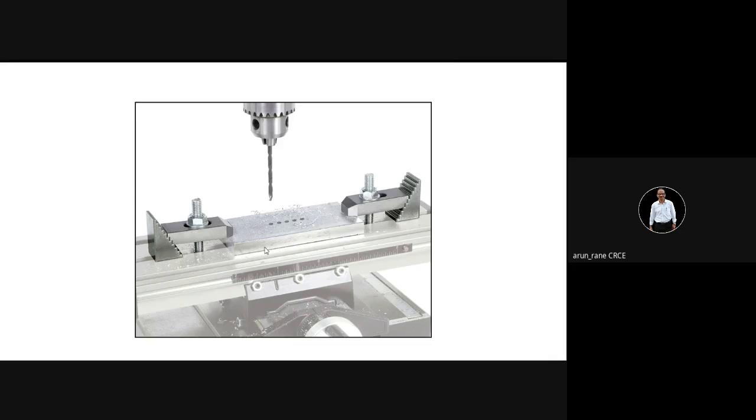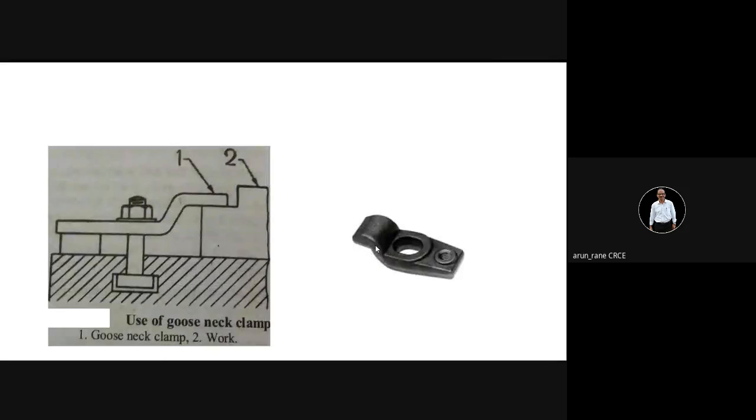That is not required if you are using step blocks. One step block can replace, see, 1 2 3, how many steps it has. Suppose it has 10 steps, so one step block can replace almost 10 blocks. That's the beauty of step blocks.